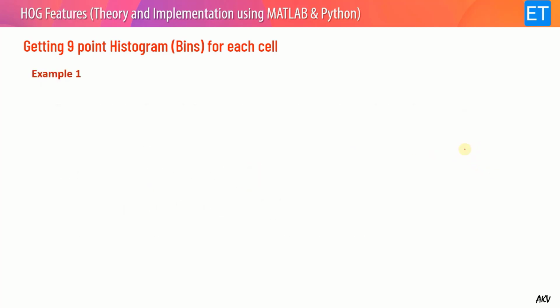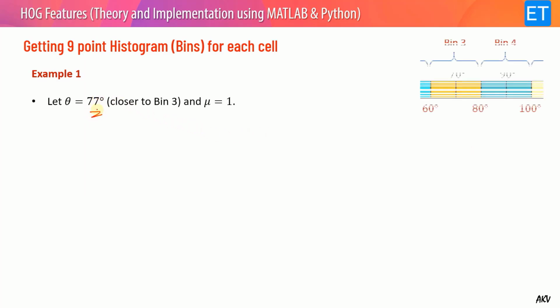Now let's see one example where theta is 77 degrees, and the corresponding magnitude is 1. If you see the histogram structure, you can see that 77 is lying like this.